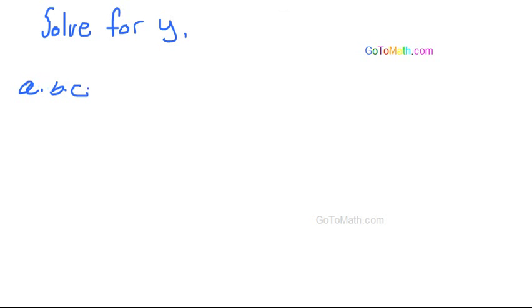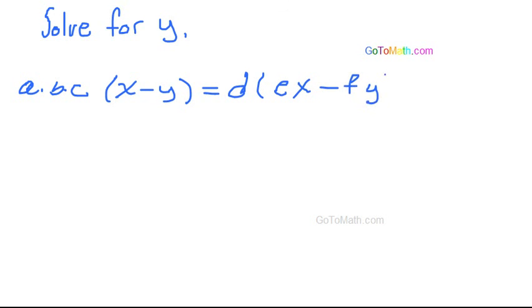I mean, I know it looks like ABC, but it's what it is. x minus y is equal to d times e times x minus f times y. And we're wanting to solve for y in this problem.